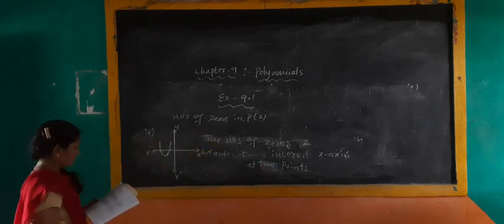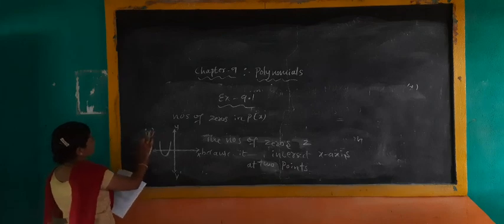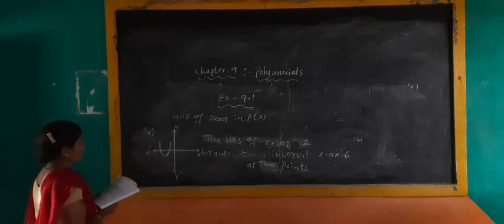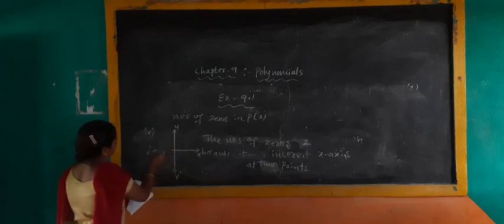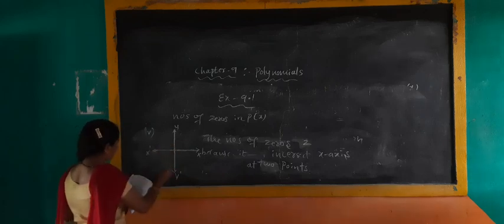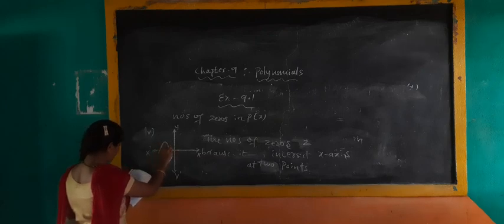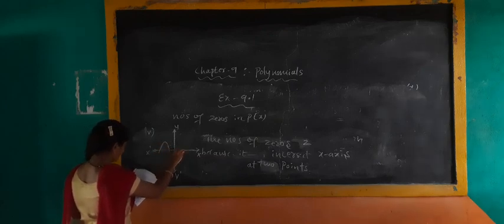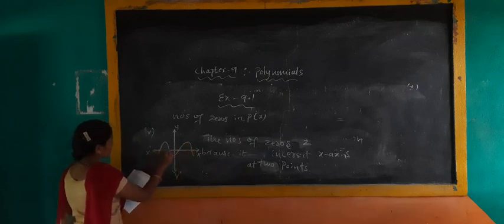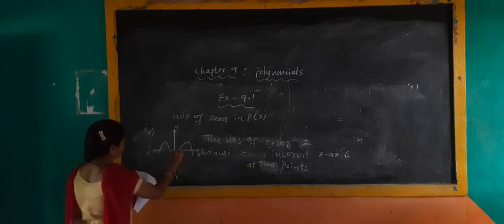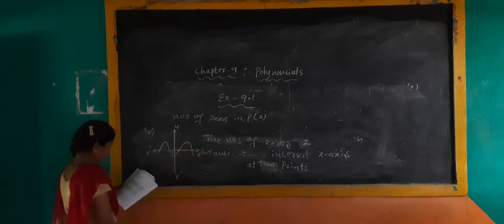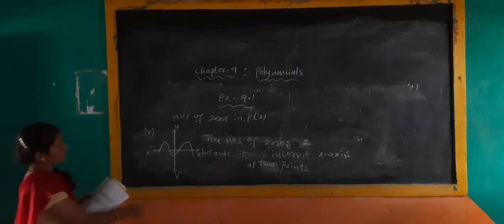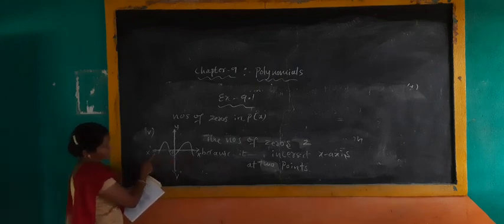Okay, next, the fifth one. See the diagram. In this fifth one, see the diagram. How many points intersect at the x-axis?